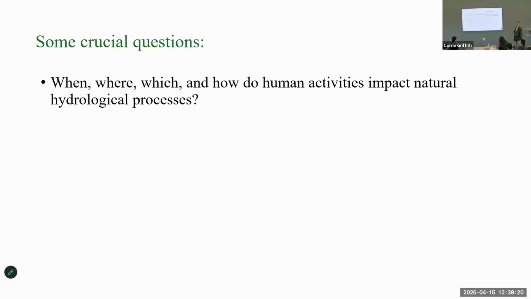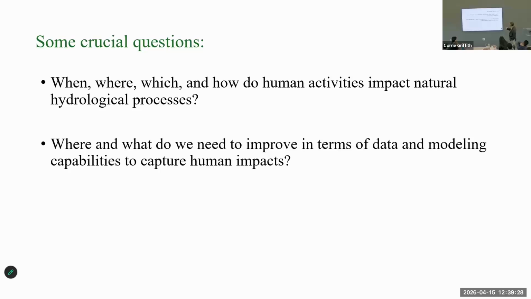Our current work has addressed some aspects of this, but there are also issues left. And the second one is: where and what do we need to improve in terms of data and modeling capabilities? That's the second question.